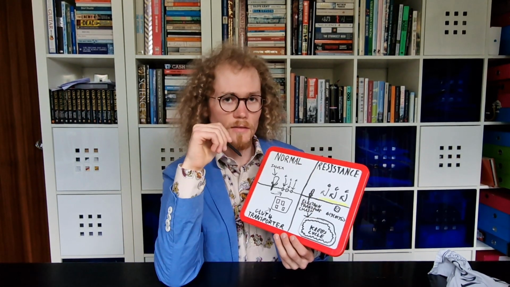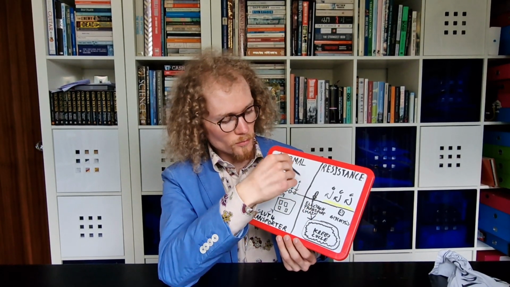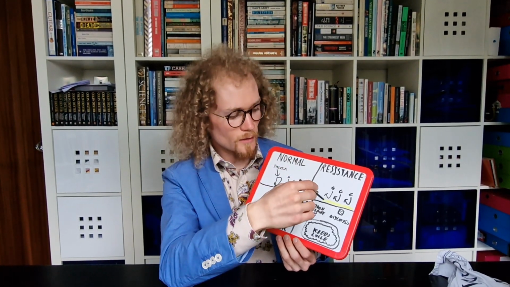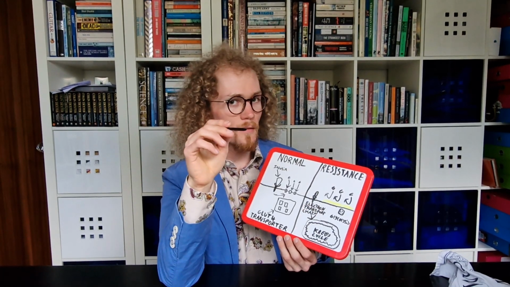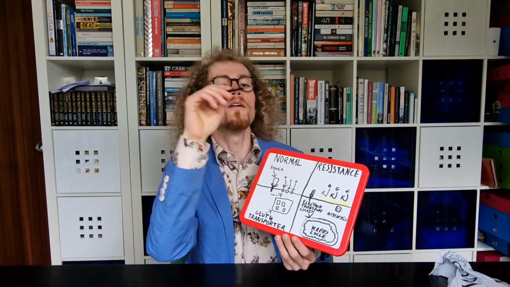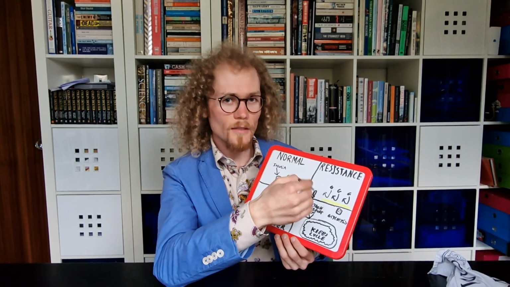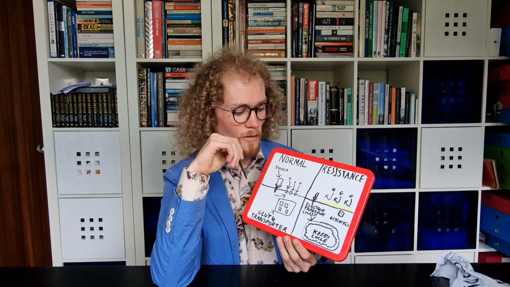When you have resistance, what happens is you still release insulin. You're eating a high fat and sugary meal, so there's high fat but also sugar in the meal, and you're going to produce an insulin response.